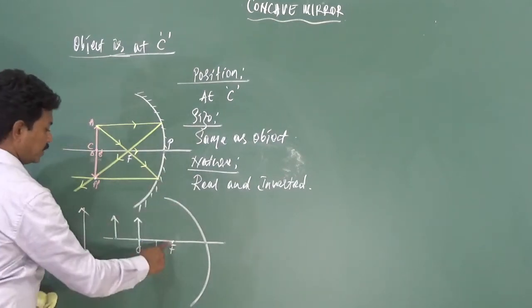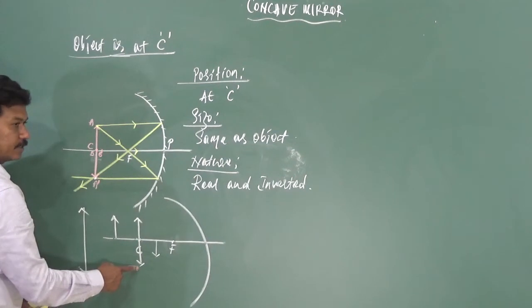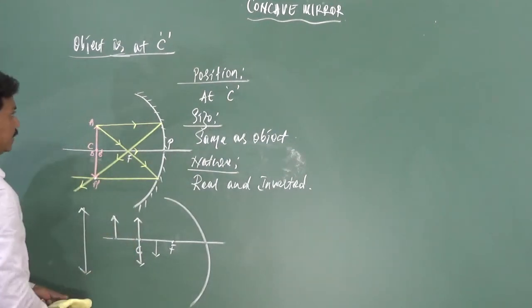It was a point here, then a diminished small image, now it is equal to the size of the object. See, this is the analysis, keep it in your mind.